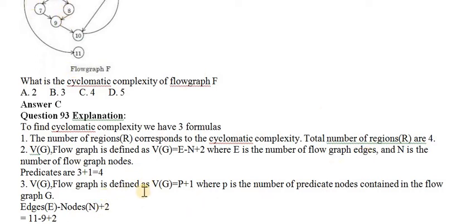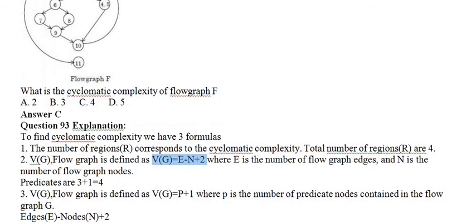V of G, the cyclomatic complexity of G, is the number of edges minus the number of nodes plus 2, or V of G equals P plus 1, where P stands for predicate nodes. We already counted the predicate nodes as 3, plus 1 is 4. So the cyclomatic complexity is 4.